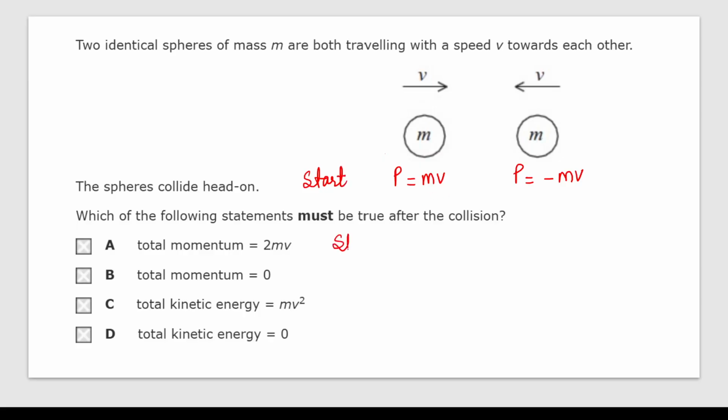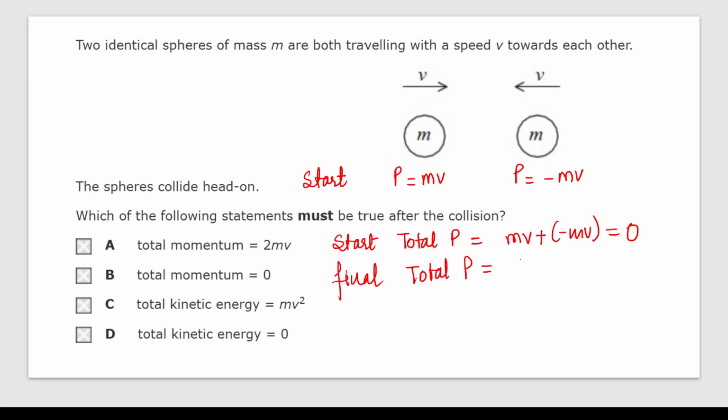The total momentum of both the bodies would be mv plus minus mv, so 0. So the total momentum of both the bodies at the start is 0. So what should be the final momentum? It has to be 0 because momentum does not change. So what is the answer? Which of the following must be true after the collision? After the collision, total momentum is 0. Okay.